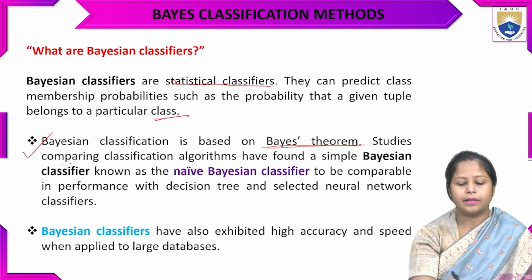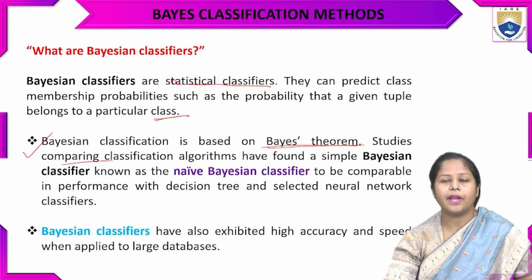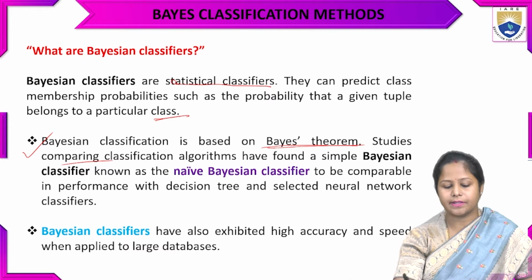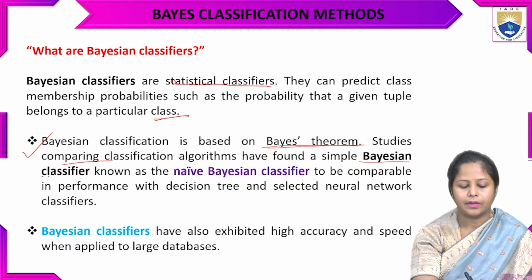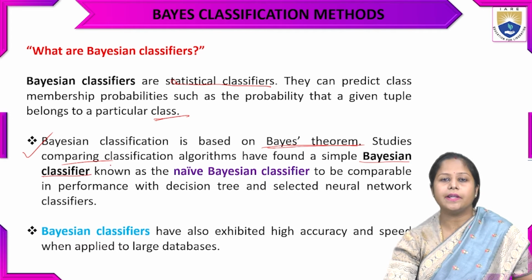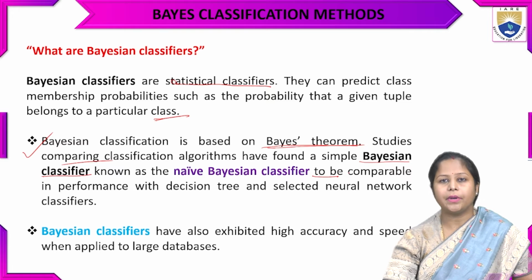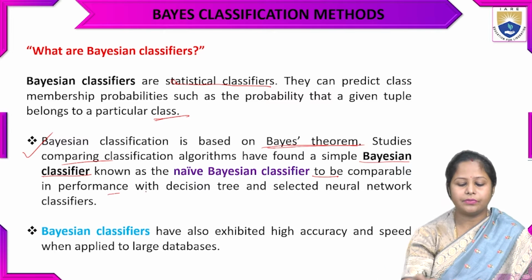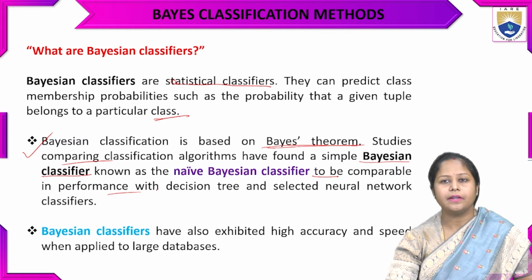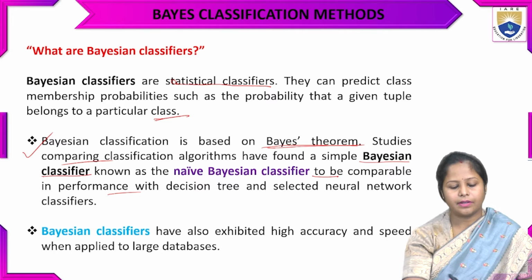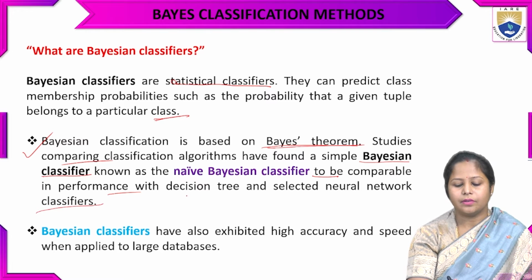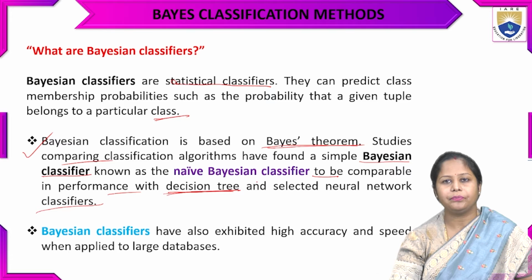Studies comparing classification algorithms have found that a simple Bayesian classifier, also called a naive Bayesian classifier, is comparable in performance with decision tree and selected neural network classifiers. We have already completed our decision tree.